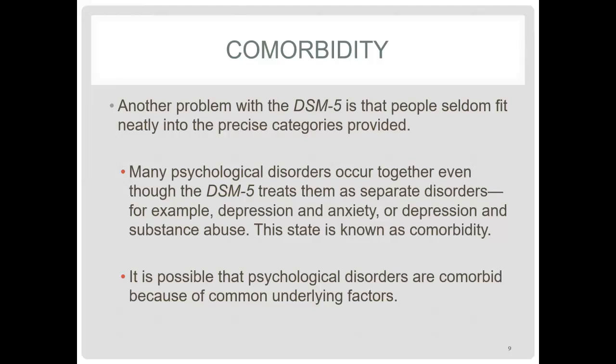Many of the disorders in the DSM-5 are treated very separately. So it really separates depression and anxiety. And something that's difficult with that is that a common side effect of depression is anxiety. And so it makes things a little messy sometimes.